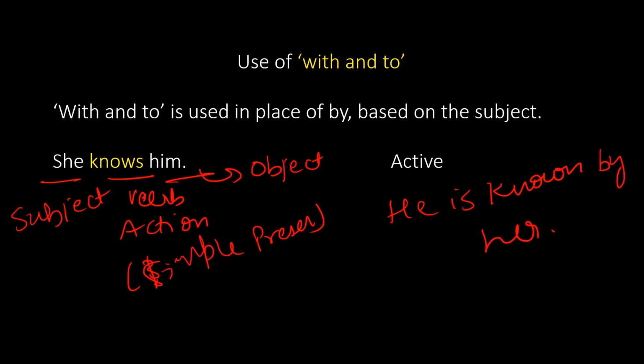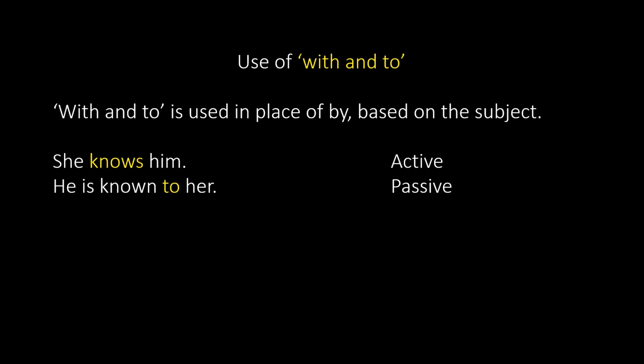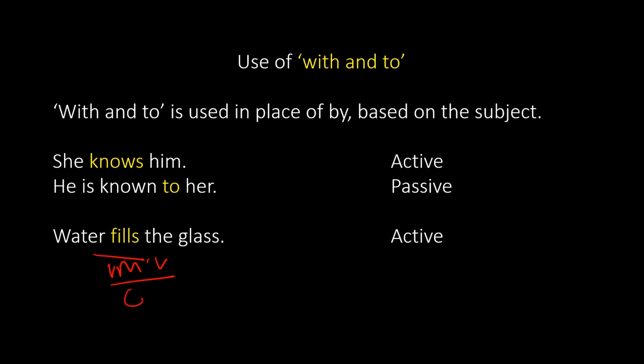But there is a tricky part. In this case, you cannot use by her. You have to use known to her. Known is an activity that happens to a person rather than happening by a person. So the correct form would be, he is known to her. Let's take one more example. Water fills the glass. In this particular case, fills is your main verb. So let's try to convert it into the third form, filled.